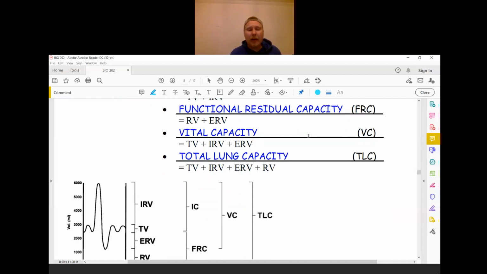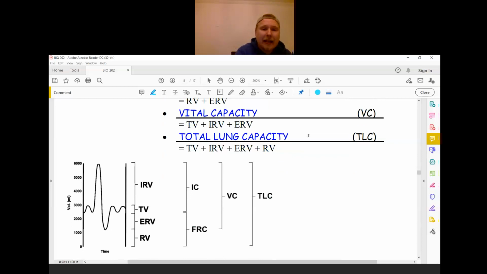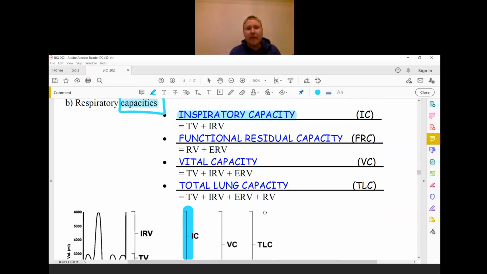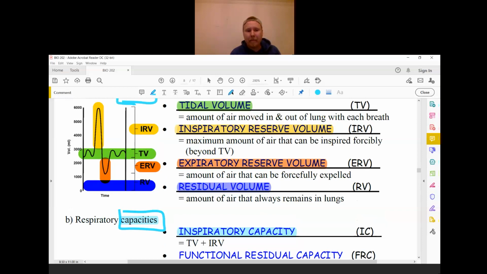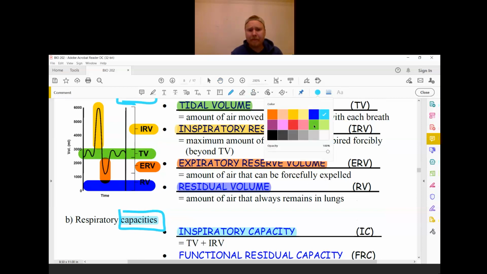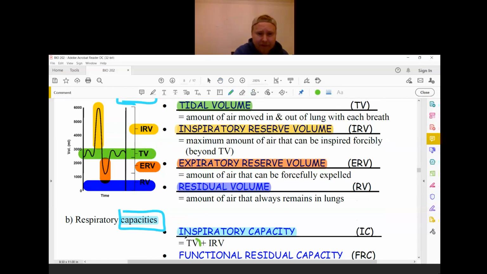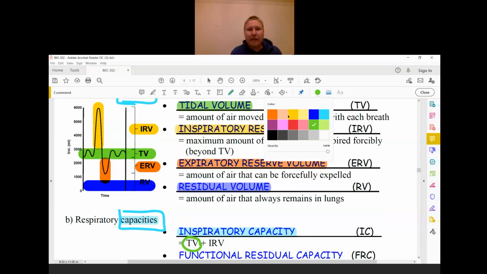How do we calculate our IC? Inspiratory capacity is calculated by adding together our tidal volume and our IRV, the inspiratory reserve volume.